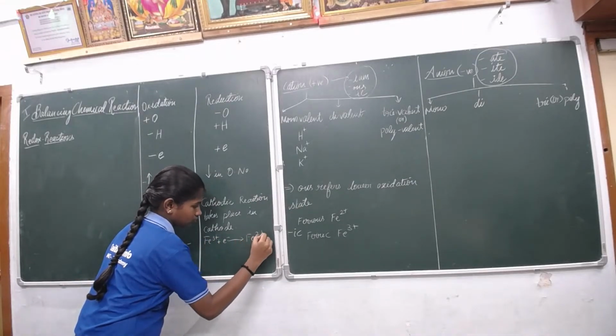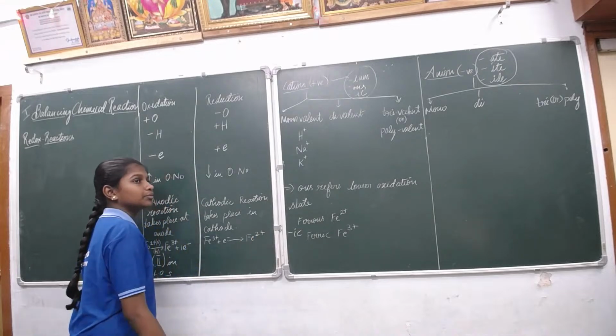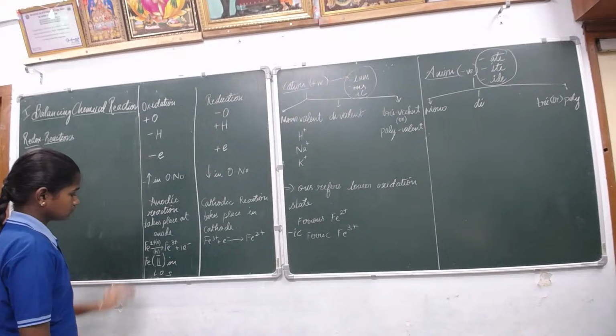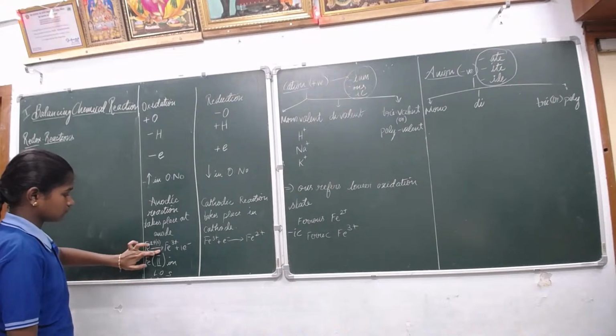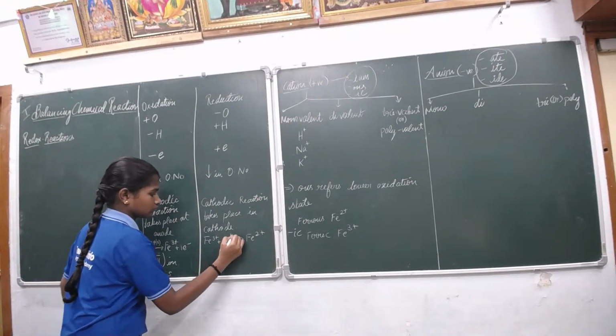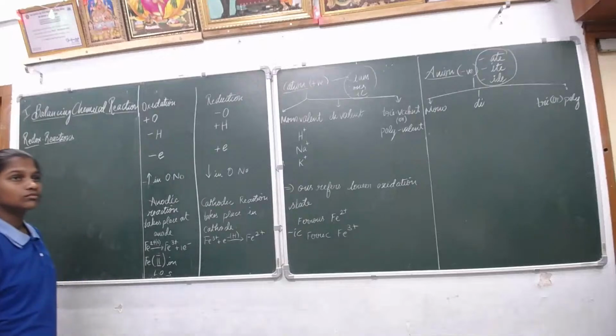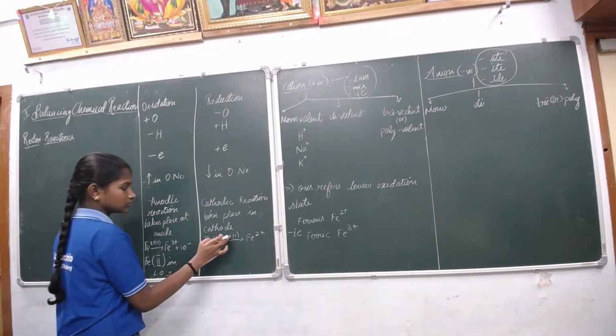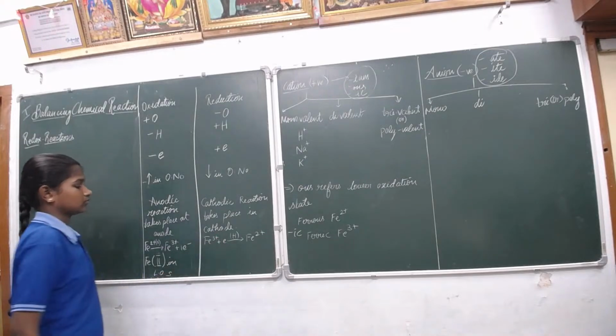This is the best way you should remember. If it is a ferrous ion, Fe2 plus, by losing one electron it becomes a ferric ion. When one electron is added to ferric ion, it becomes ferrous ion. So this is lower oxidation state and this is higher oxidation state.